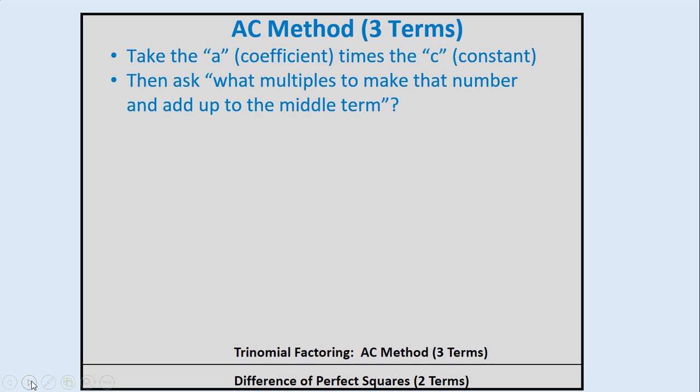So we're going to look for two numbers that multiply to make that number, but add to also make the middle term of the problem. And once we have that question answered, then we can turn that three-term problem into a four-term grouping problem, and we can revert back to that factor by grouping method the page before.